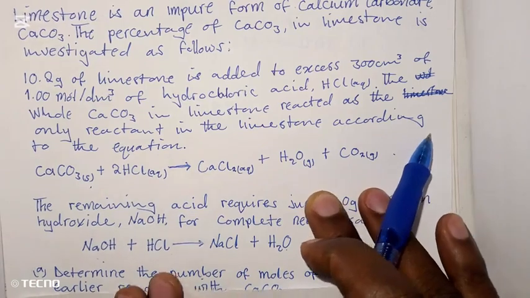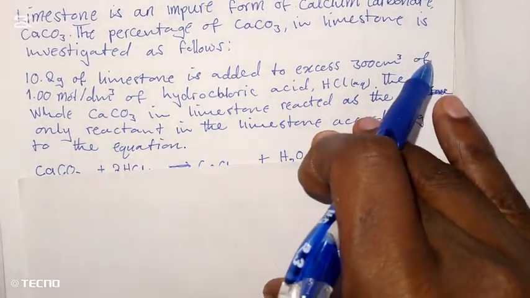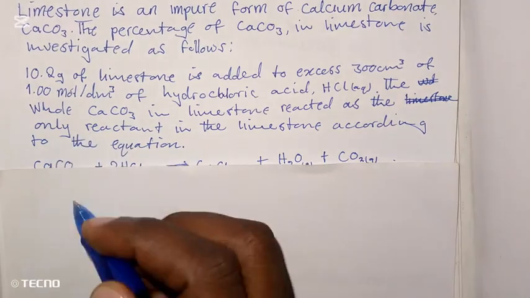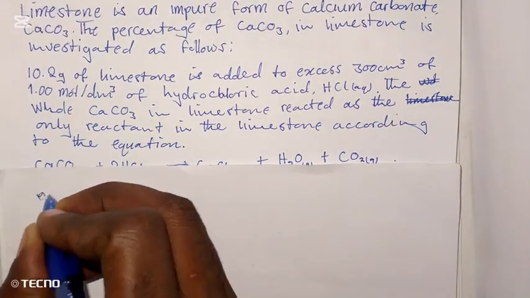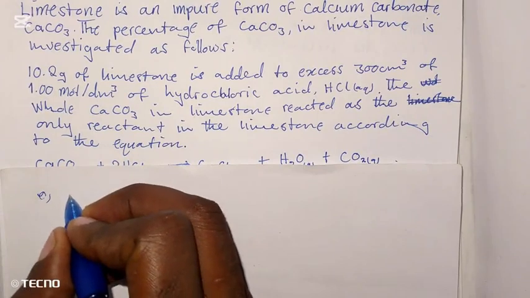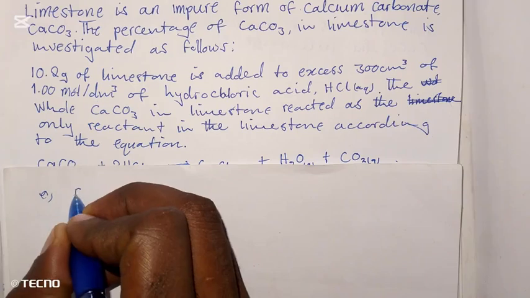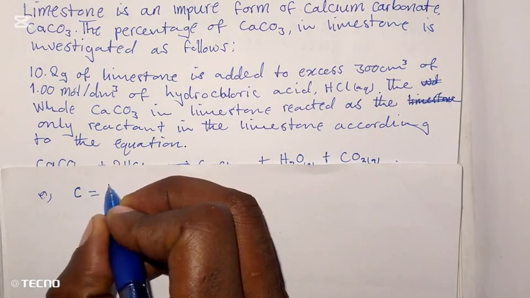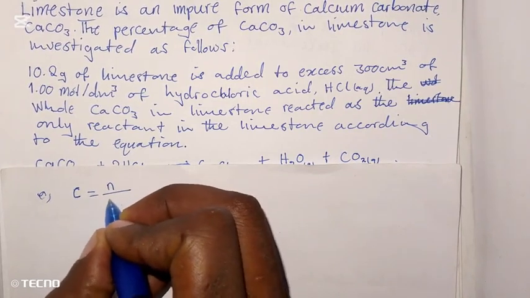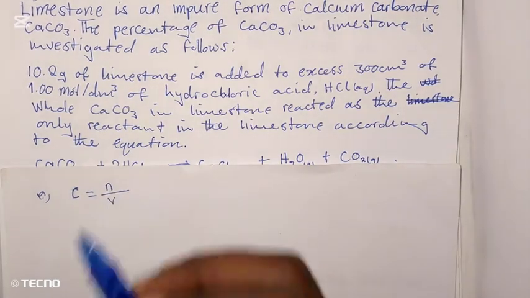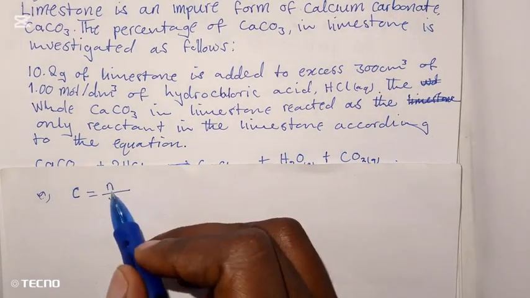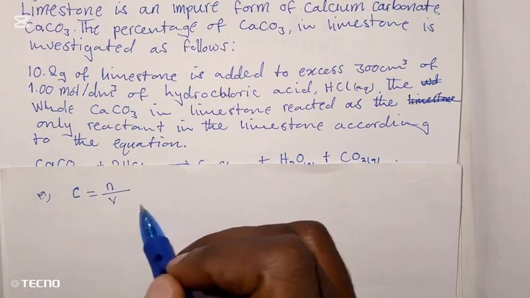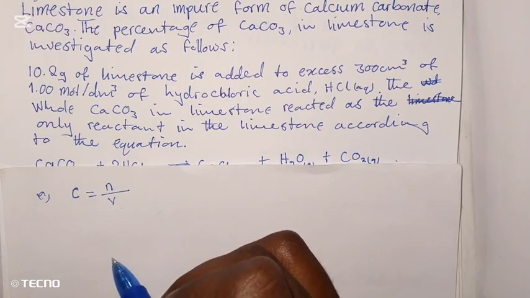So what we do here, we can write the formula. So for hydrochloric acid, we will say A. For us to answer A, first thing we know, when we talk of concentration, C is equal to N over V. N here represents the moles, and V is volume, and this volume should be in decimeter cube.